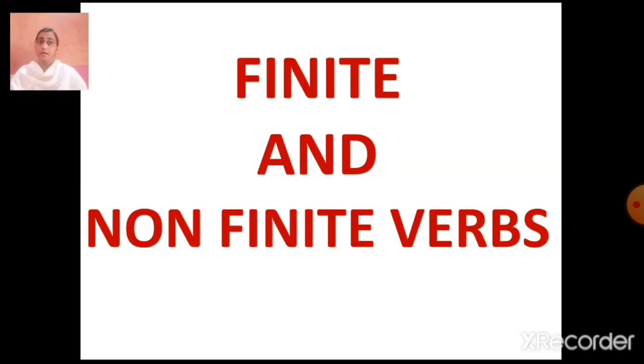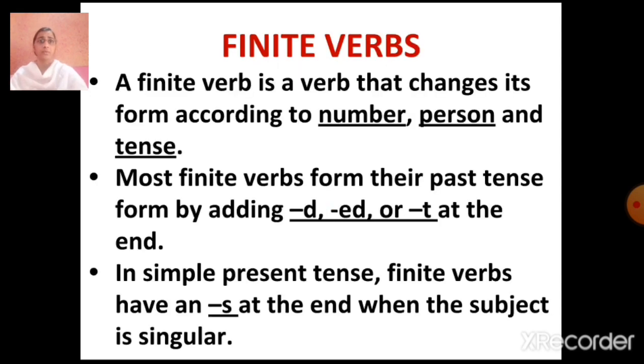Alright, students. Now let us move towards finite and non-finite verbs. Now before we start with its activity, let us quickly revise what is finite and non-finite verbs. Now, finite verbs. A finite verb is a verb that changes its form according to number, person and tense.